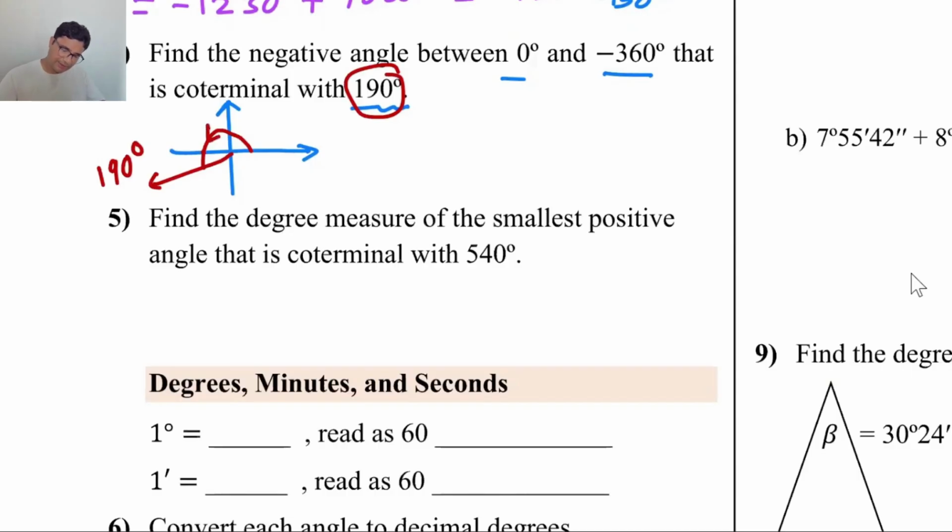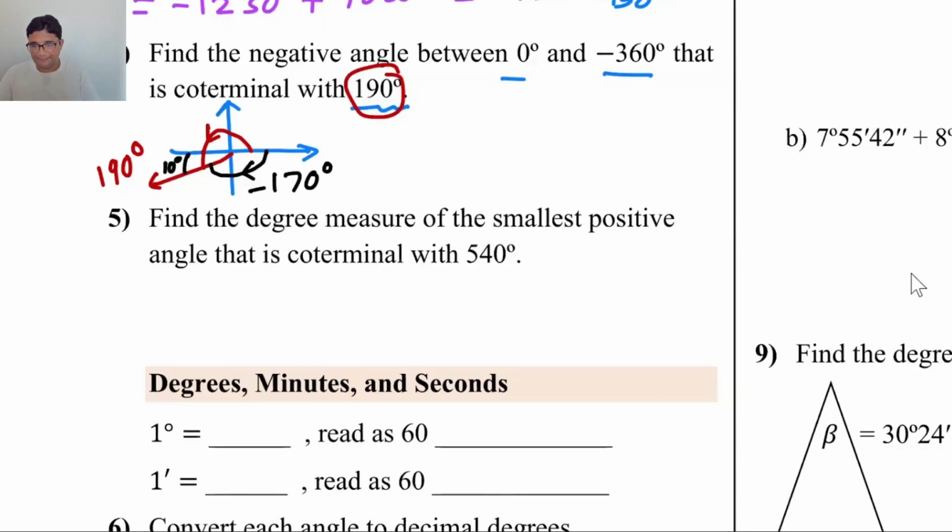Now you have to find a negative angle between 0 and negative 360. So we're talking about going clockwise. Now what's the measurement? This small angle here is 10 degrees, right? 180 plus 10. So what is left here should be 170 degrees, because the total has to be 180, but we're going clockwise here.